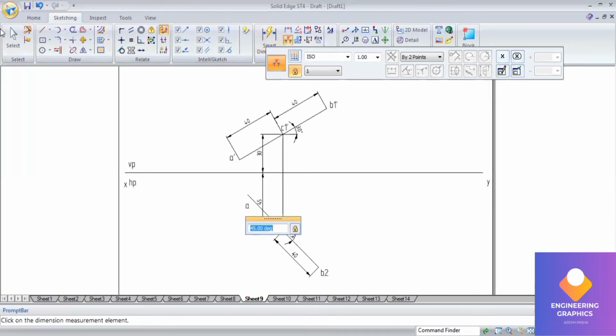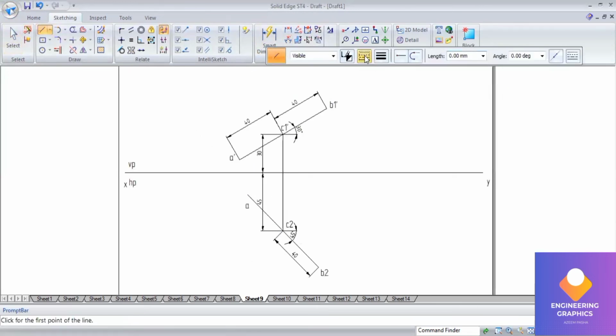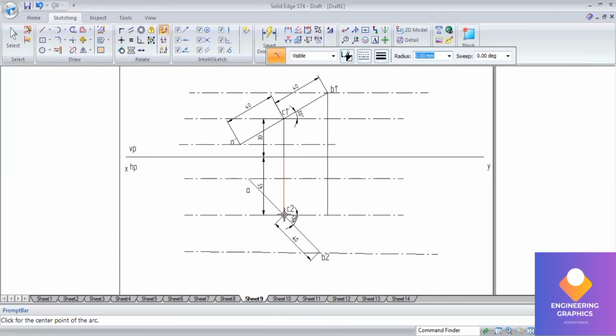I'll be going to line and mentioning the locus lines for all these endpoints, B1 dash, C1 dash. Everywhere we should mention these locus lines.